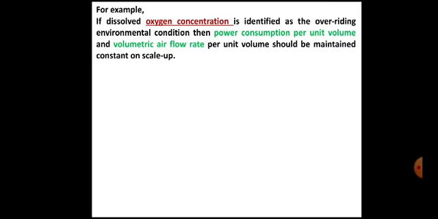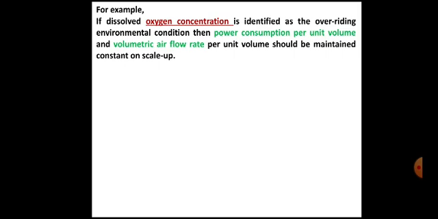Now, for example, according to this threefold solution, if dissolved oxygen concentration is identified as the most overriding, means most important or critical environmental condition, then that will be the domain.